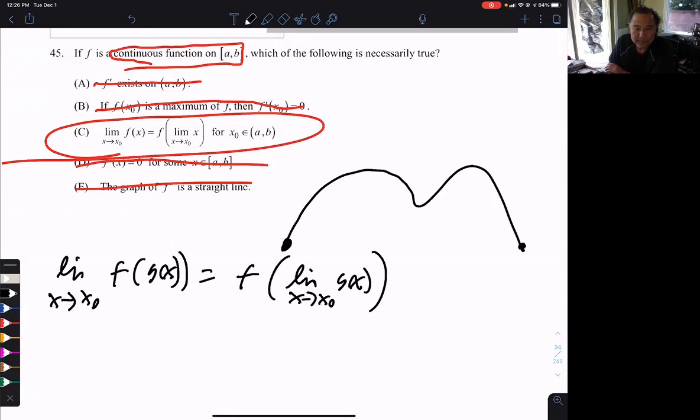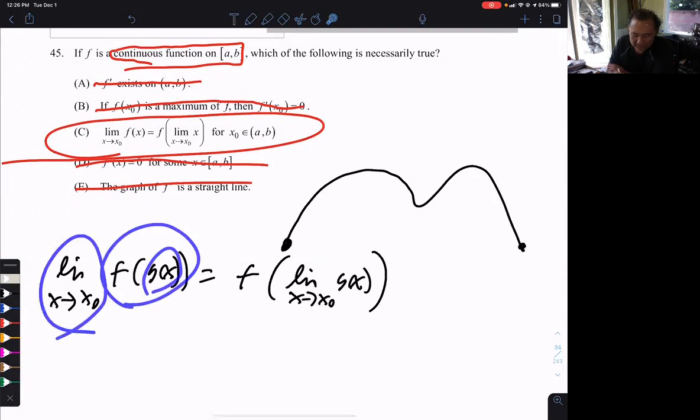Do you remember that theorem? This theorem was true if your function's continuous. You probably remember that theorem vaguely, but if you have a function in a function and you want the limit, you could take the limit of the inside, then plug it into f.